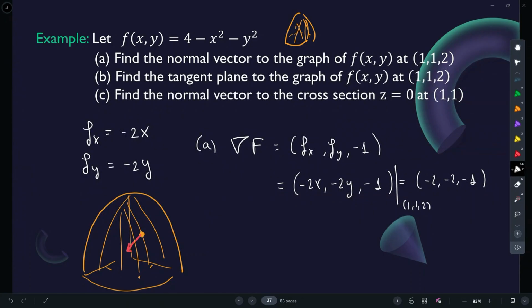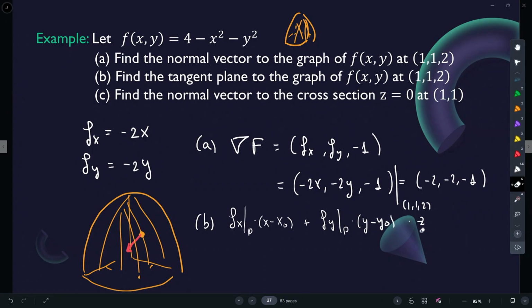The tangent plane, remember, is given by the derivative. Let me write it with fx at the point times x minus the x coordinate, plus the derivative fy at the point times y minus the y coordinate, plus or minus, in fact, z minus z0 equals 0.